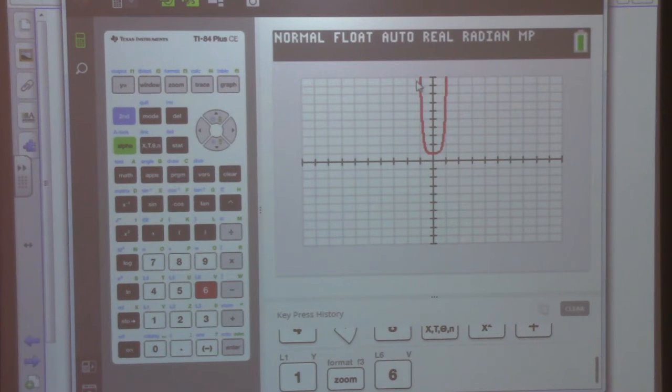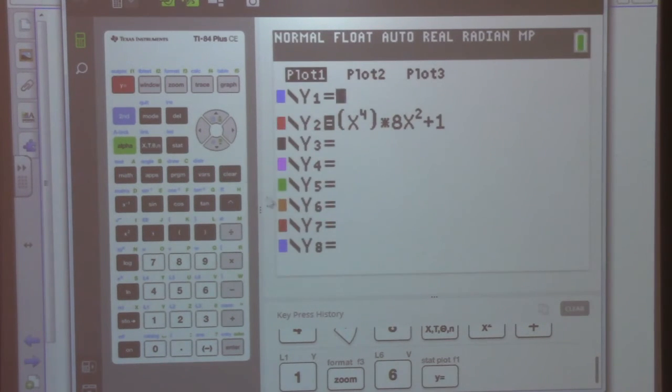Can you see where the function appears to be decreasing? Looks like from negative infinity to 0, and increasing after that. And so we take the first derivative of that, and what's going to be the derivative of that? 4x cubed, right?